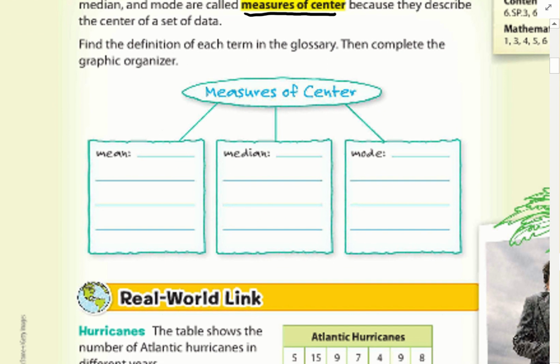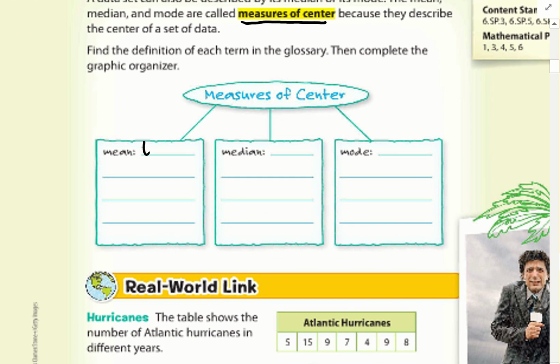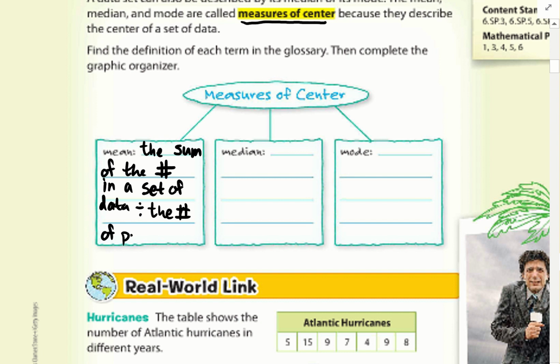So mean is the sum of the number, I'm going to use the number sign, in a set of data divided by the number of pieces in the data.